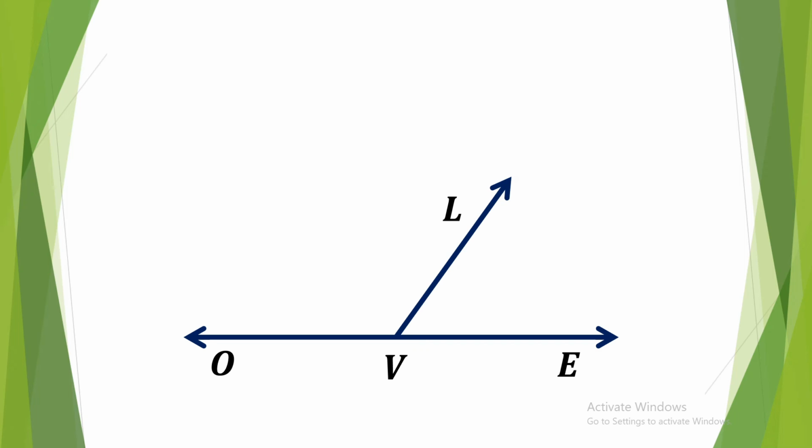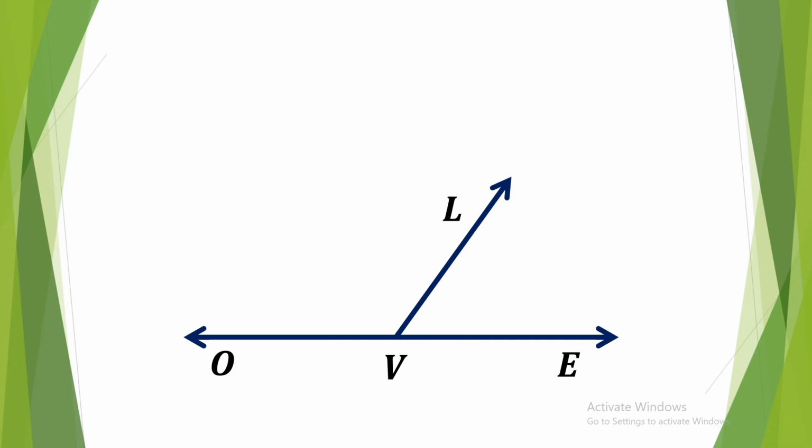Very good. We have ray VO and ray VE. Now, considering those two non-common rays of the two angles, angle LVO and angle LVE, what was formed? Very good. A straight angle or a line was formed.